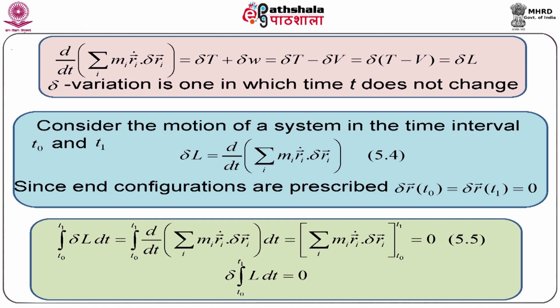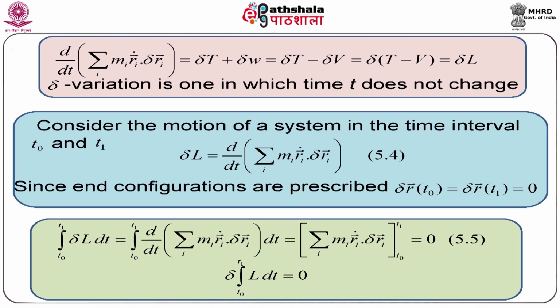Therefore, integration t0 to t1 delta L dt equal to 0, as delta r_i at t0 equals 0 and delta r_i at t1 equals 0.